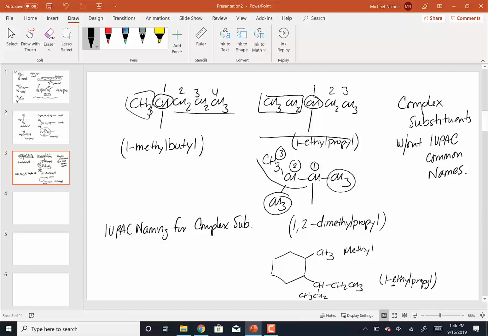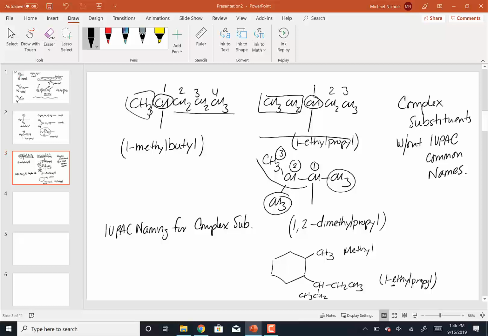So, for instance, that E in ethylpropyl is what we're alphabetizing on, because it's the first letter in parentheses. And that rule holds even if there was a di or a tri.